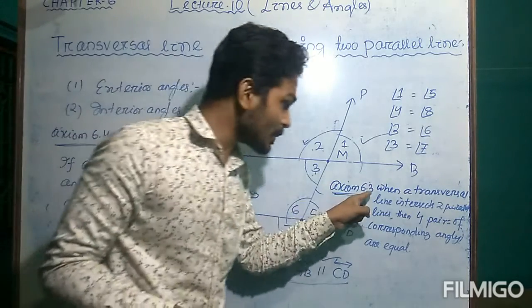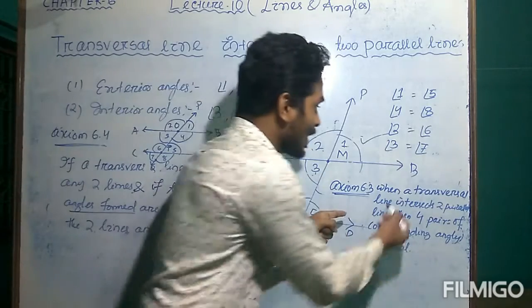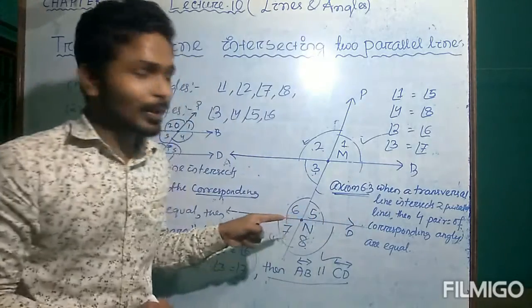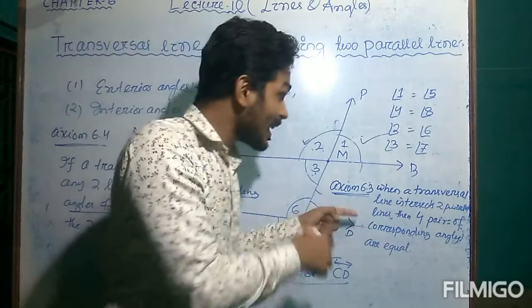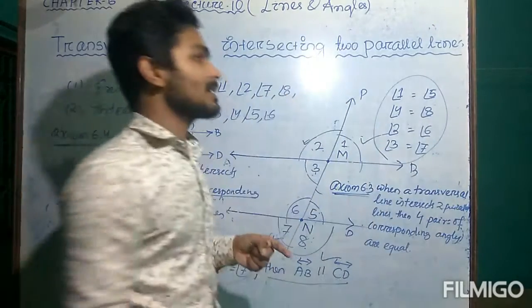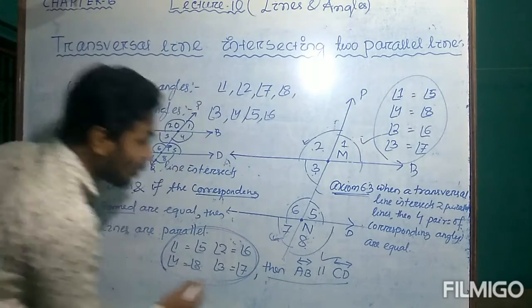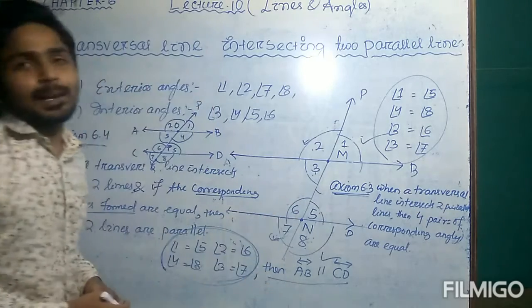But in axiom number 6.3, the condition is that the two lines are parallel. See, whenever a transversal line intersects two parallel lines. Okay, here the condition is that the two lines are parallel and the result is all the corresponding angles are equal. But here the condition is all the corresponding angles if equal, then the two lines are parallel.